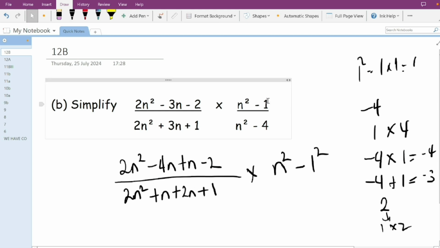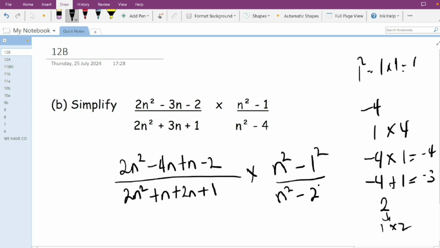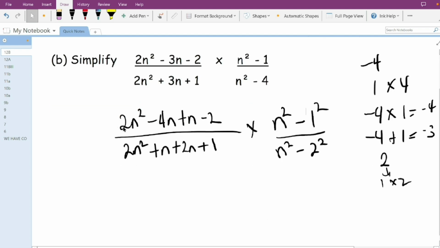So we're trying to create a way in which we can factorize this expression. You have n squared minus 1, and below you see n squared minus 2 squared, because you know 4 is also 2 times 2, which is 2 raised to the power 2. Now we've created something we can work with. At this point, we group this in 2's and also this in 2's.